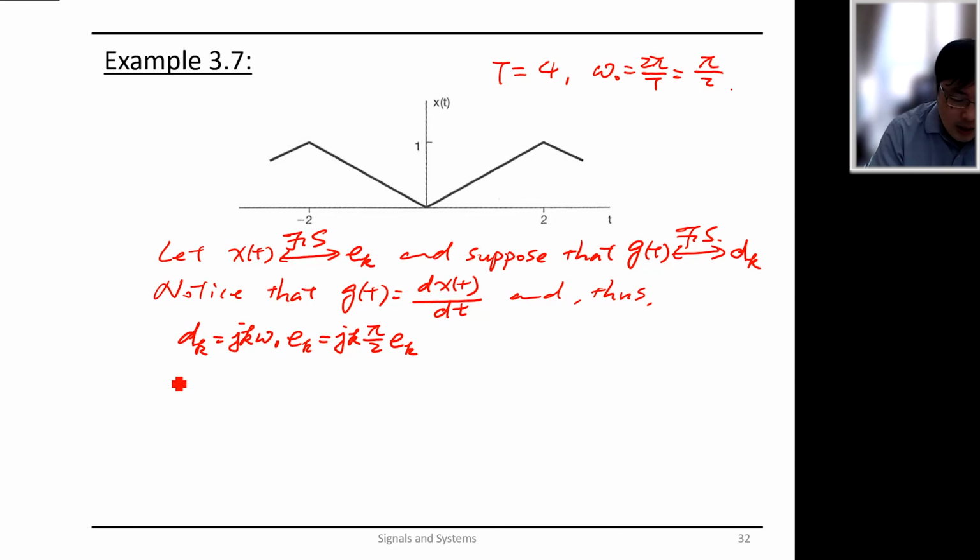Now for k not equal to 0, I can divide this jk pi over 2 to the other side so that ek is equal to dk divided by jk pi over 2.